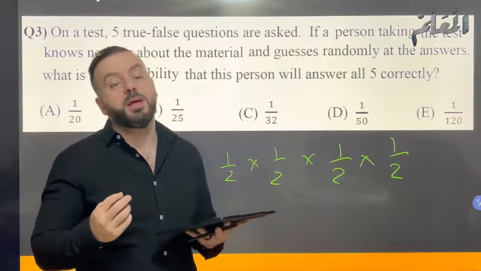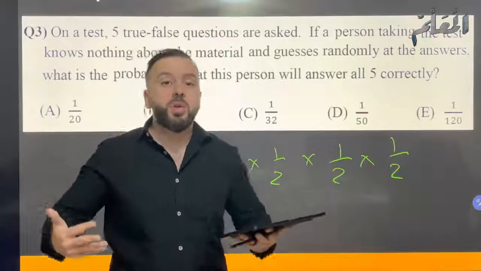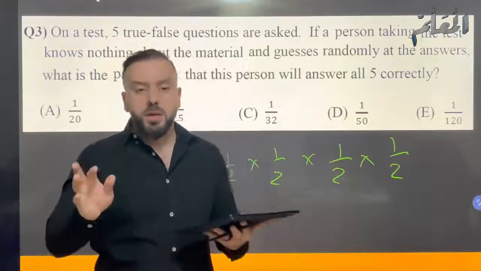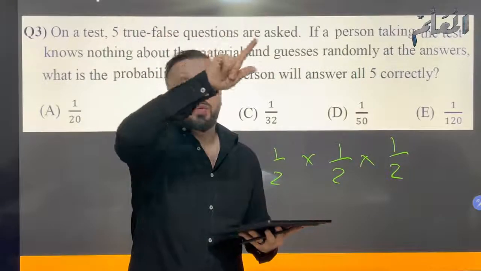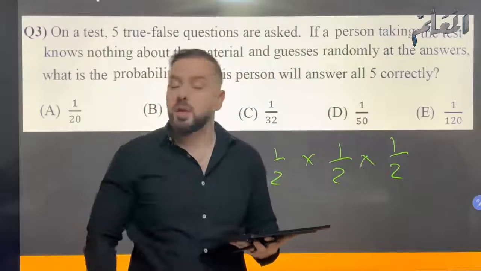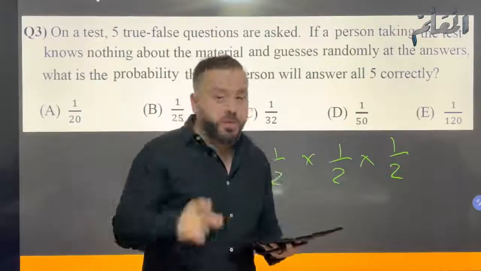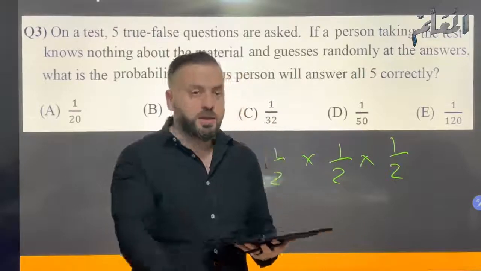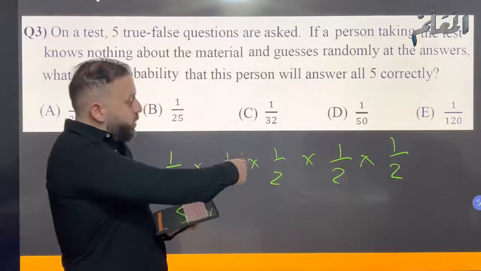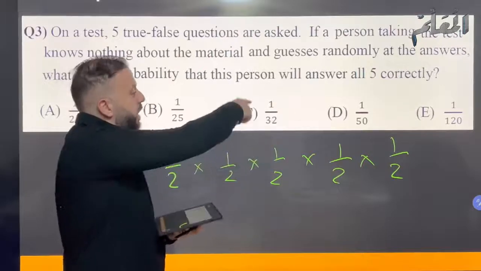It's like the intersection of events. We are doing the events together. Please don't tell me you are going for checking true, false. That's not going to help in the M1 exam. We need the fastest way to score on the M1. So it's 1 over 2 times 1 over 2 times 1 over 2, 5 times, and the answer is what?